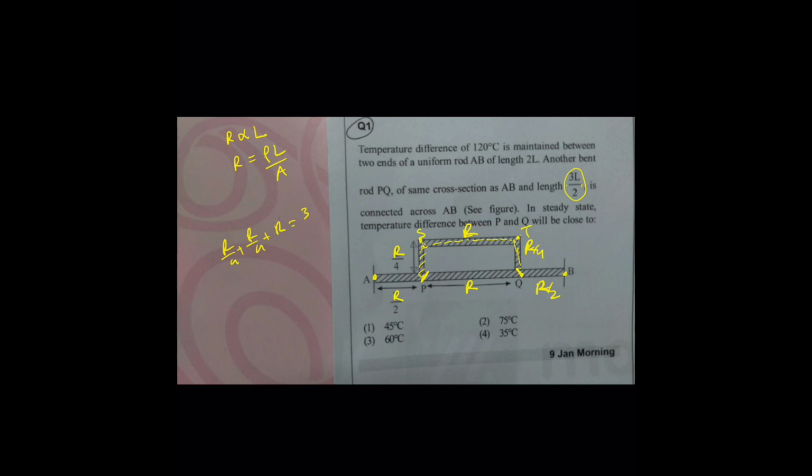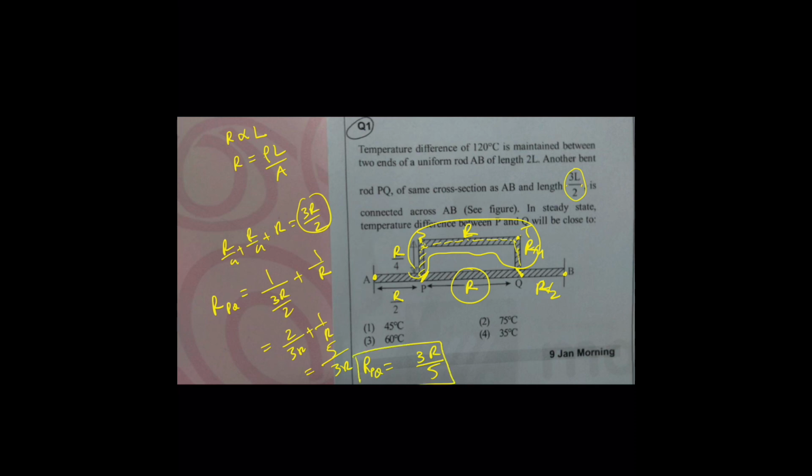And this 3R by 2 resistance is in parallel with the resistance R. So net resistance between P and Q, I can write as 1 upon 3R by 2 plus 1 upon R. If you solve this, it will be 2 upon 3R plus 1 upon R. Taking 3R as LCM, this becomes 5R by 3, and we have to take the reciprocal of it because it is 1 upon R. So this net will be equal to 3R upon 5. It is the net resistance between P and Q.